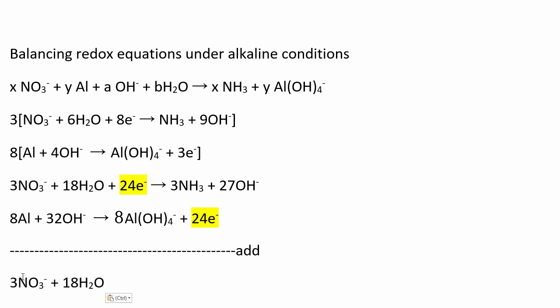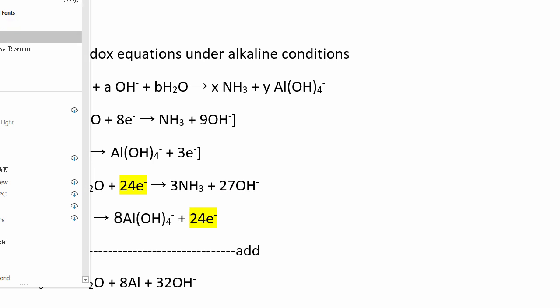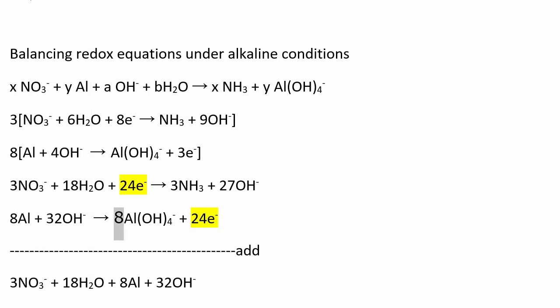We have 3NO3 plus 18H2O. Plus, on the left hand side here we've got 8Al plus, copy 32 somethings. Look at that, what's happened there? That 8's gone to a funny font, I'm just going to change the font there, I don't know why that's happened.